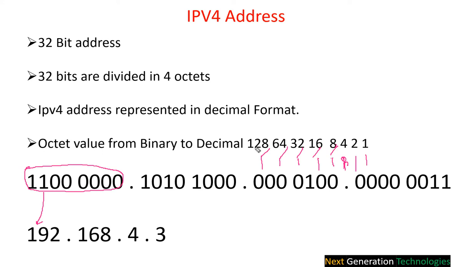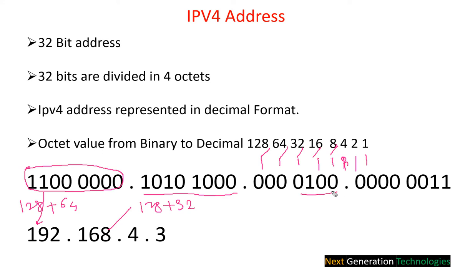For example, this one represents 128, the second digit represents 64, so 128 plus 64 is 192. If we convert this octet from binary to decimal, then it is 128 plus this is 32, so 128 plus 32 is nothing but 160.